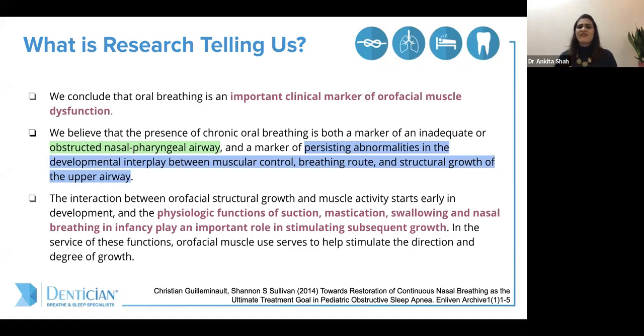So these basic functions like suction, mastication, swallowing, nasal breathing, if there is some disturbance to their functioning, it is going to affect the growth of your craniofacial development. So we need these functions happening in an appropriate manner for a correct craniofacial development.